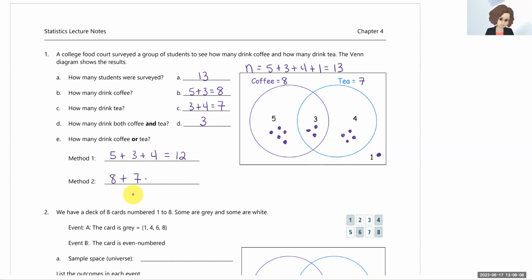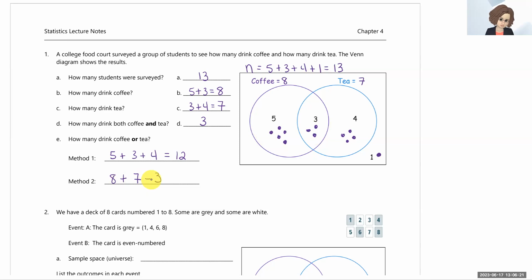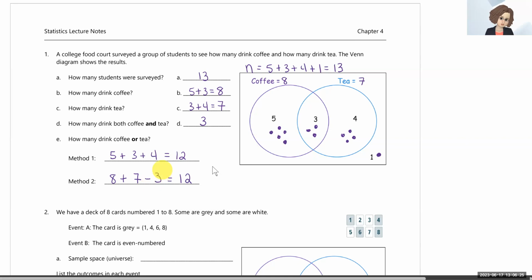We just have to remember to subtract the people in the intersection that were counted twice. We call it no double counting. We can't count these 3 people twice, so we subtract the 3 and that gives us 12. Either method is fine. Union is the combining of the sets. All right, let's take a look at the next one.